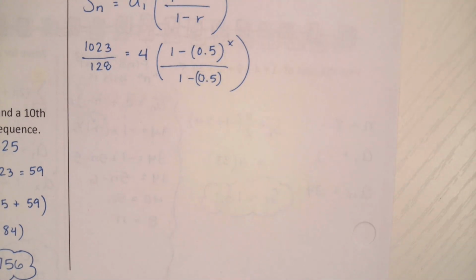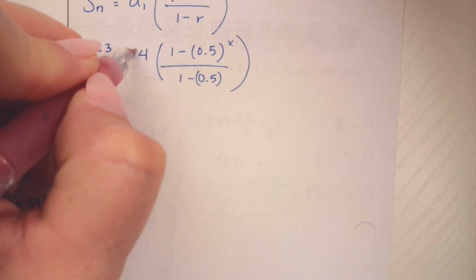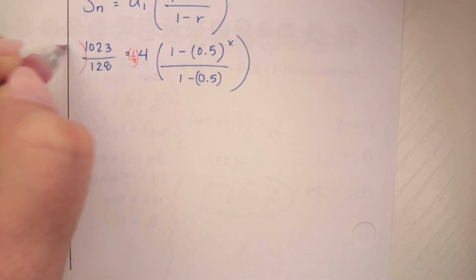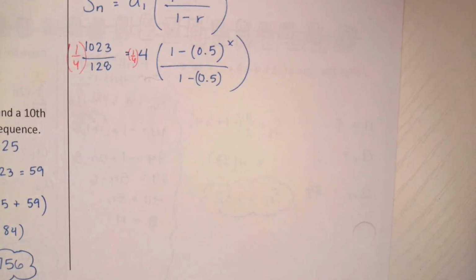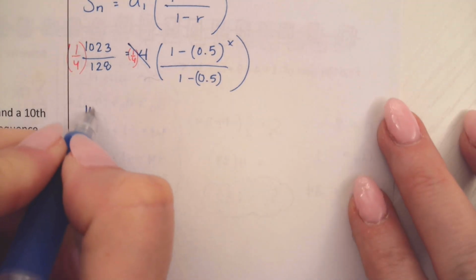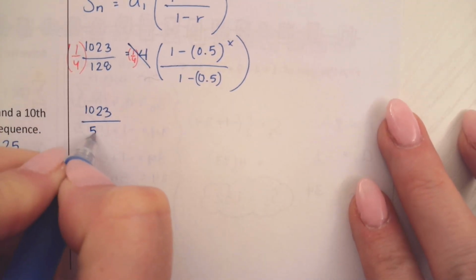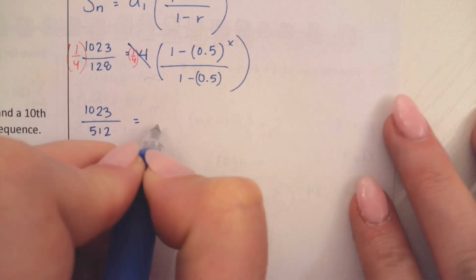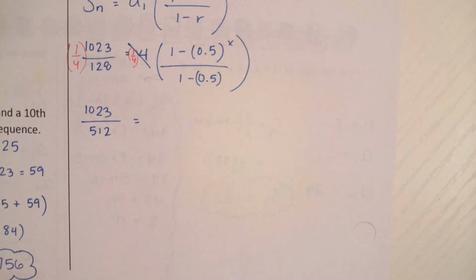Okay, what should we do first? Divide by 4, or multiply by a fourth, since I have a fraction on the other side. That at least gets rid of that part. Times 1/4, or divide by 4. 1023 over 512. Okay. On the other side now, do I need to write the parentheses anymore?